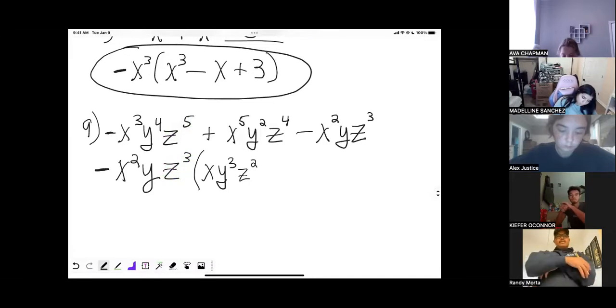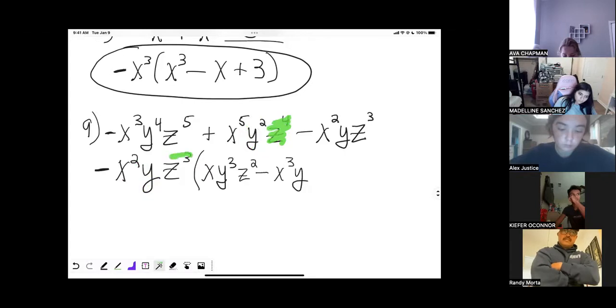Good. Now, positive divided by negative is a negative. X to the fifth divided by x squared is x to the third. Y squared divided by y means I have 1 y left. Z to the fourth divided by z to the third means I have 1 z left.